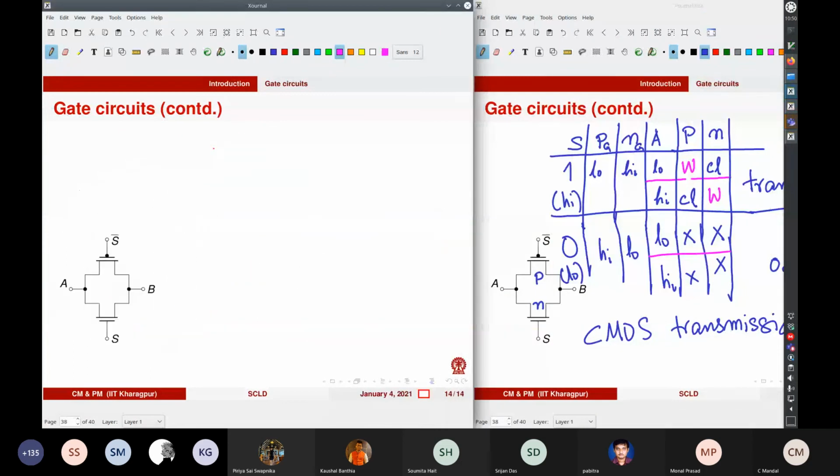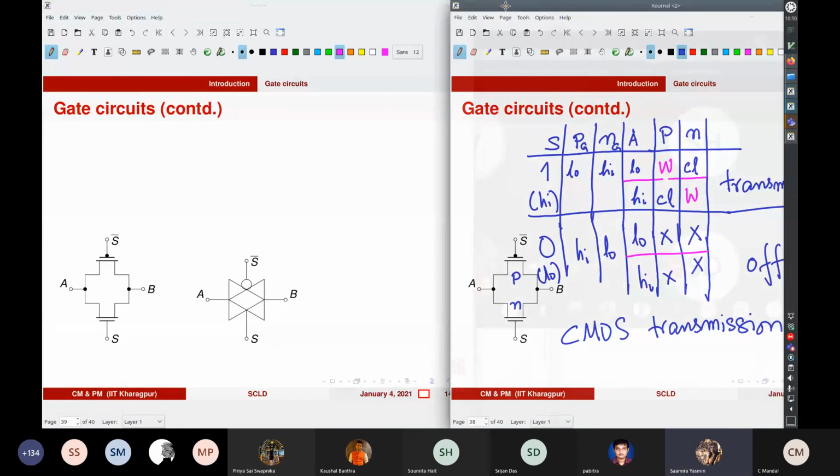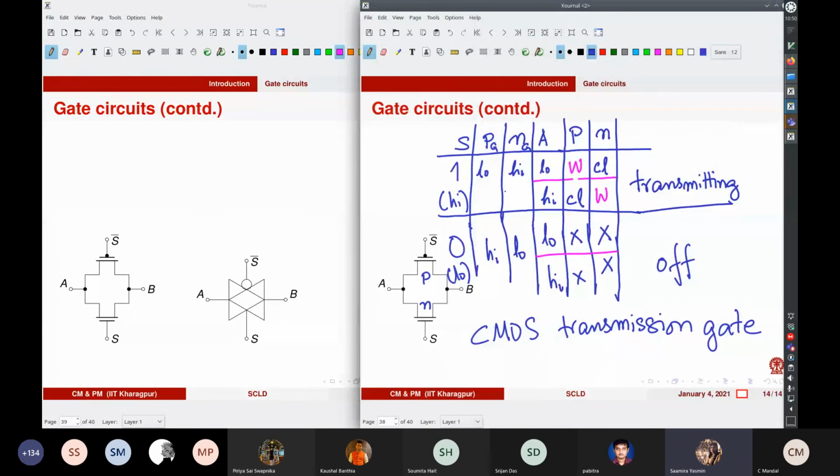So let us go on, and this is the symbol for the CMOS transmission gate. Can you please explain the case where S is high and that weak channel is formed for P? See, the weak channel is of no interest, really. These are the cases of interest.